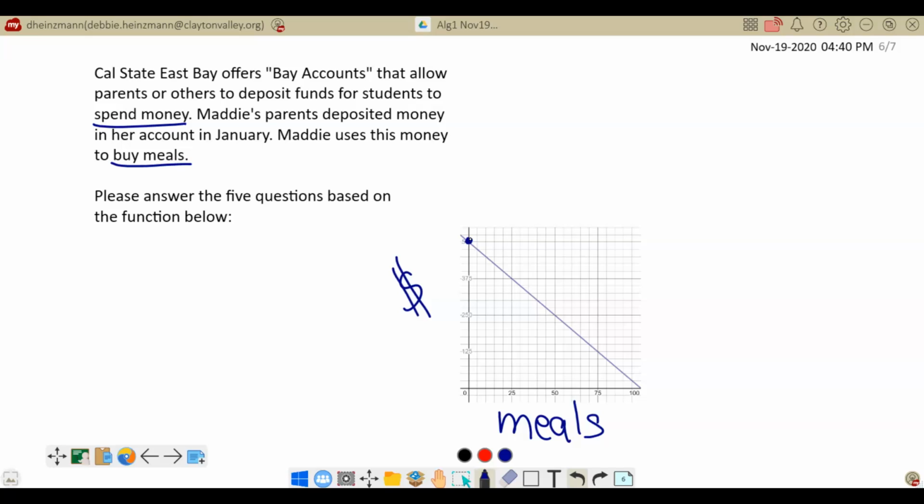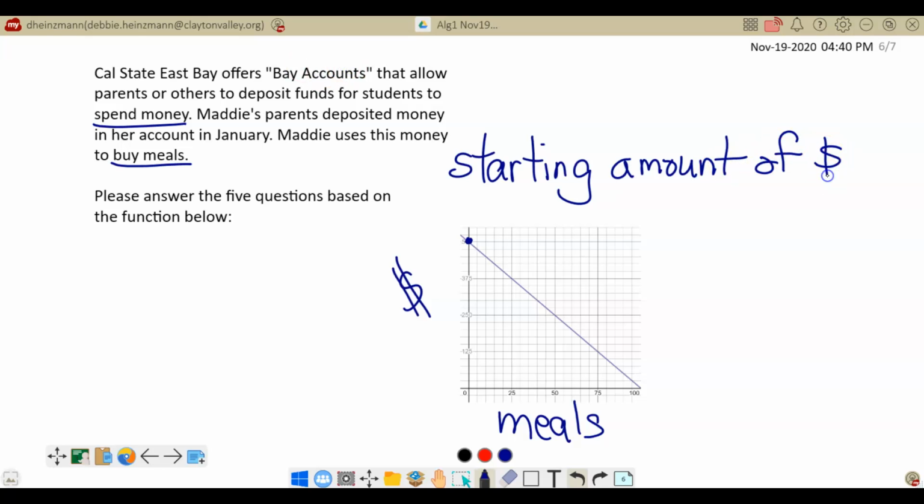So that's the amount of money that she started with. The significance of it is her starting amount of money, her initial amount.